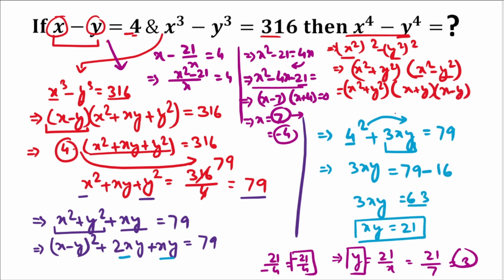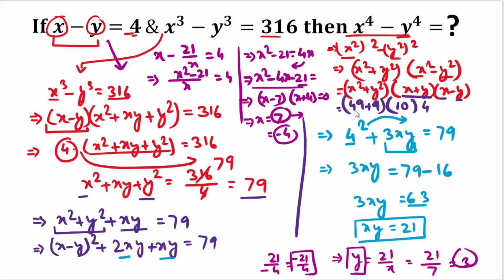Now we'll put the value of x and y here. The value of x is 7 and y is 3. So 7 square is 49 plus 3 square is 9, multiplied by 7 plus 3 is 10, and 7 minus 3 is 4.